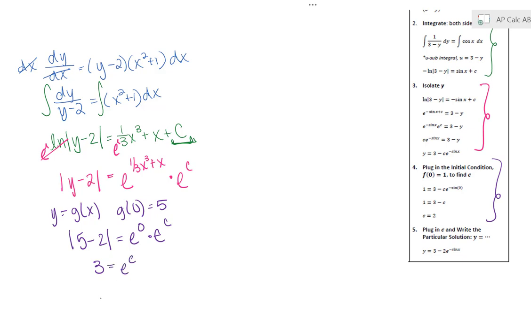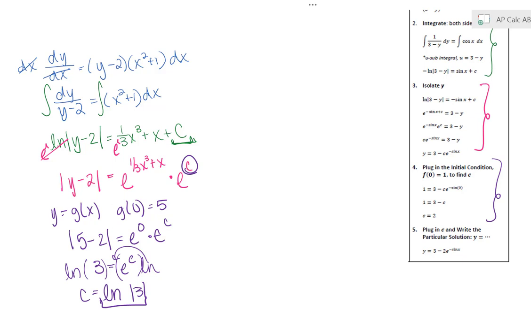Same thing, to solve for that c, I'm now going to take the natural log of each side. So when I do that, I should get that the natural log and that e cancel out, so I'm left with c equals the natural log of the absolute value of 3. Now I'm going to go back and plug this in because I know that natural log of 3 was supposed to go in for my value of c.